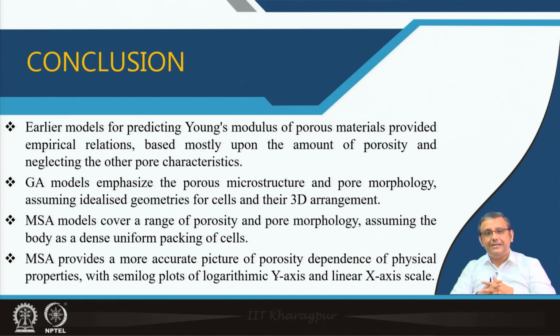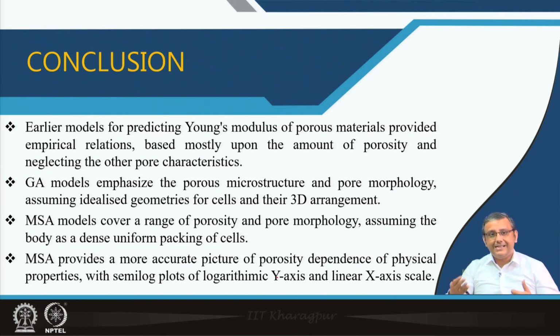These models typically predict 3 different regions in the semi-log plot of property over porosity, and they are very accurate because they can predict the real dependence of property over porosity. They also highlight that the properties can become 0 at a much lower porosity, much less than 1, which is called the percolation limit.